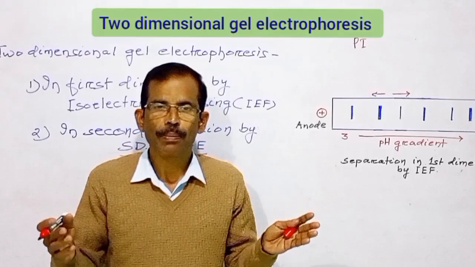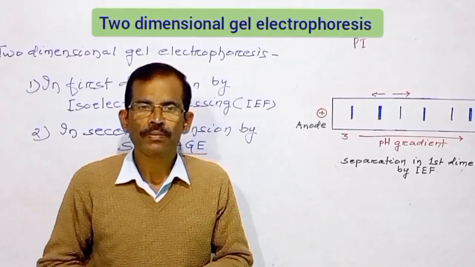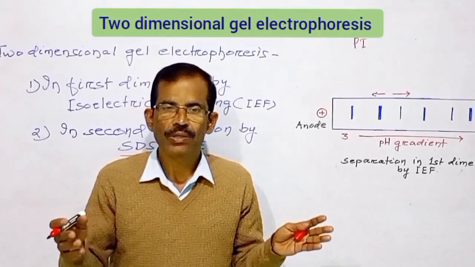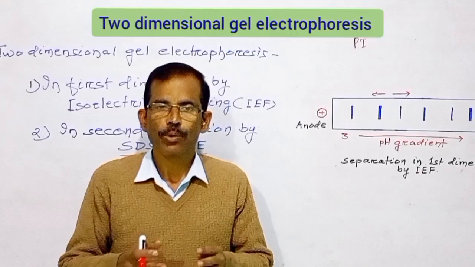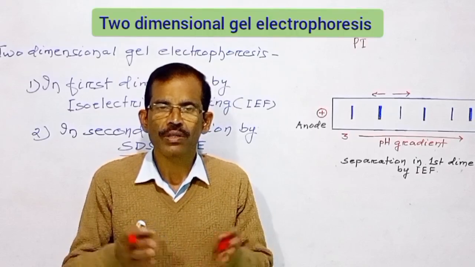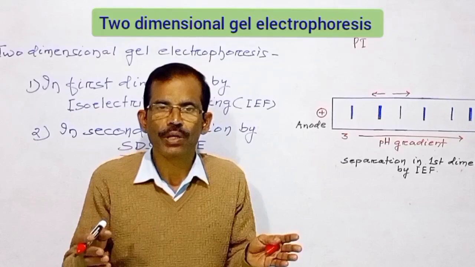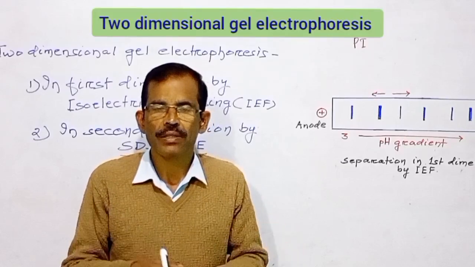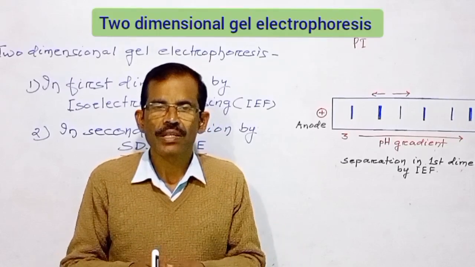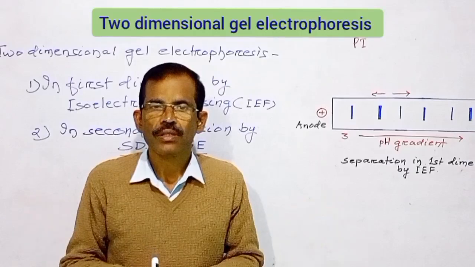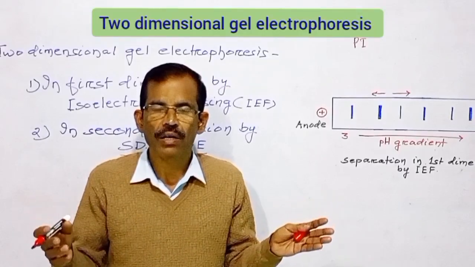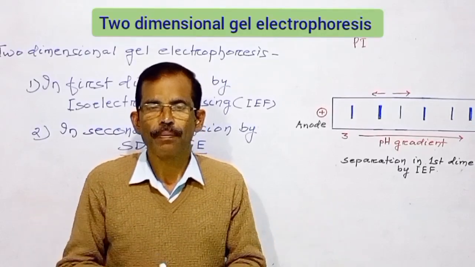But when the pH of the medium is equal to its isoelectric point, the protein will not move further and it will remain focused at that point as a sharp band. This is because at isoelectric points, proteins are electrically neutral.